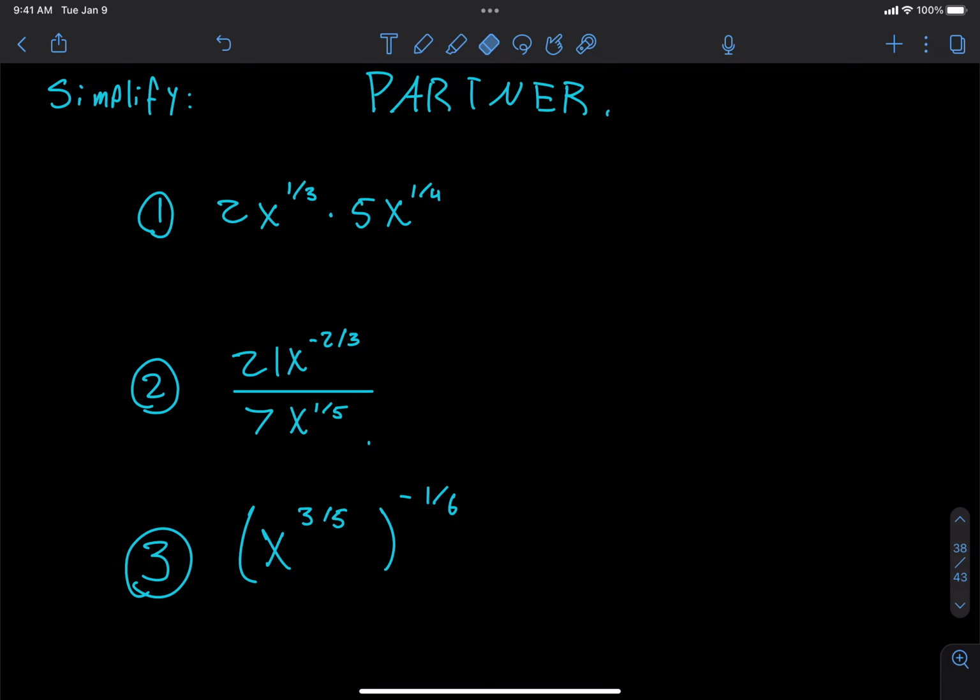So 2 times x to the 1/3 times 5 times x to the 1/4 could be rewritten as 2 times 5 times x to the 1/3 times x to the 1/4. Okay, now we can simplify x to a certain power times x to another power, right?